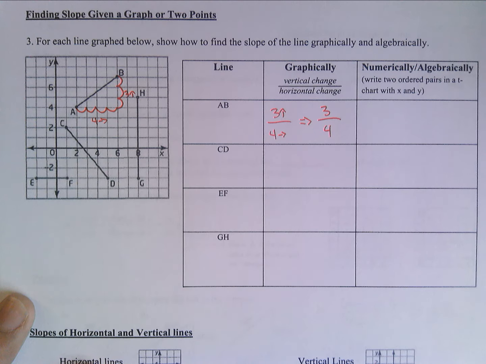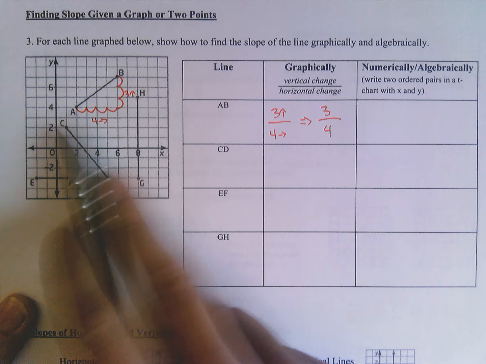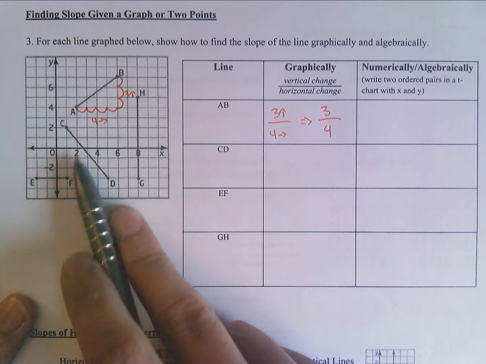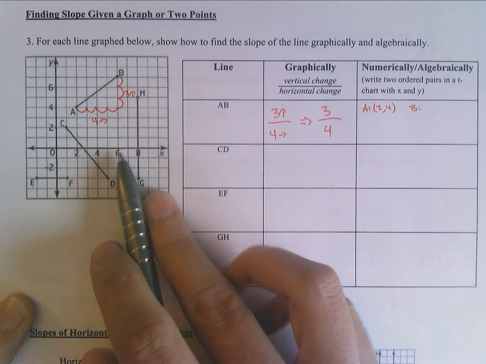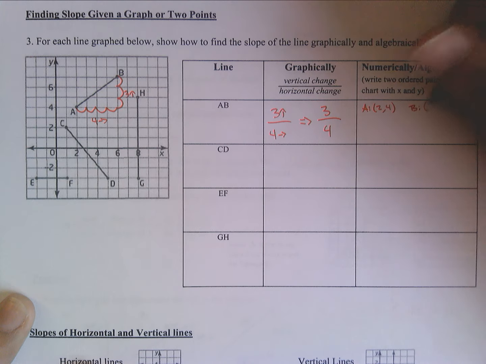To find it numerically or algebraically, we can find the coordinates for each of these points and use our slope formula. So point A is at the point 2, 4. And point B is at x coordinate 6, y coordinate 7. So we have the coordinates 6, 7.